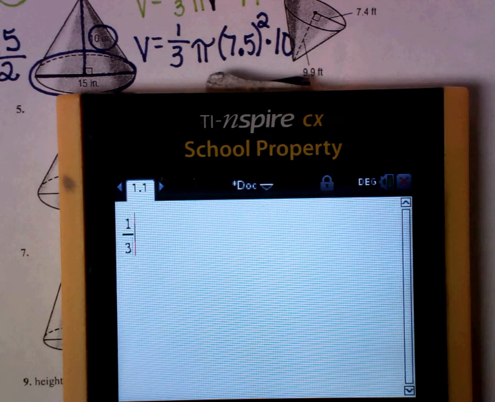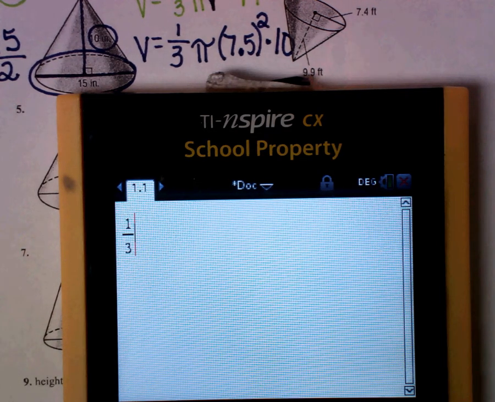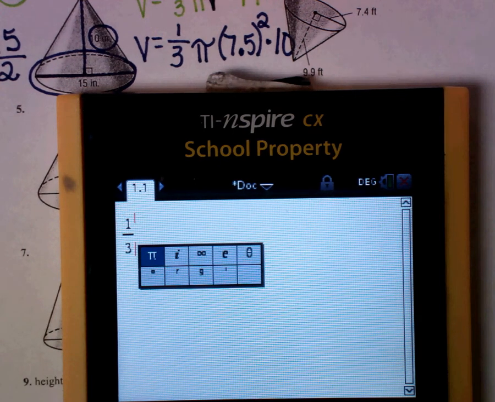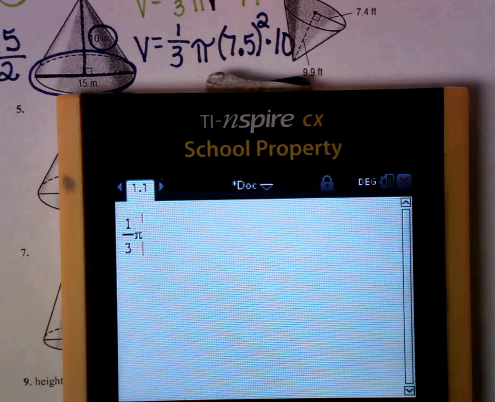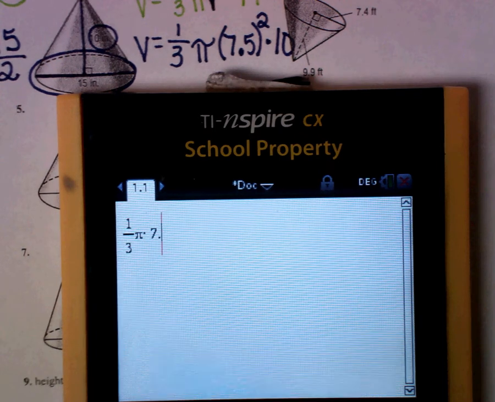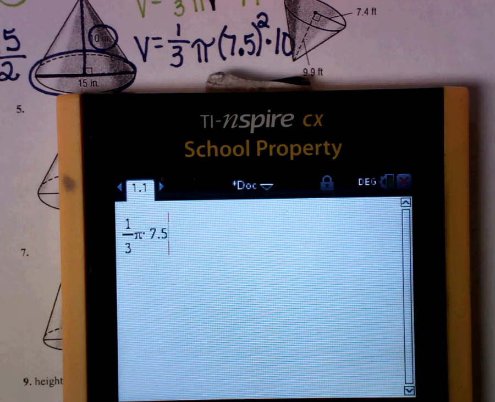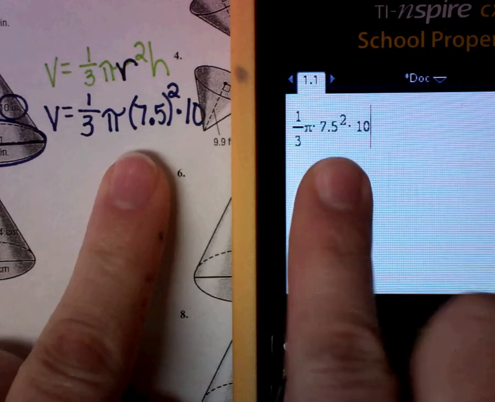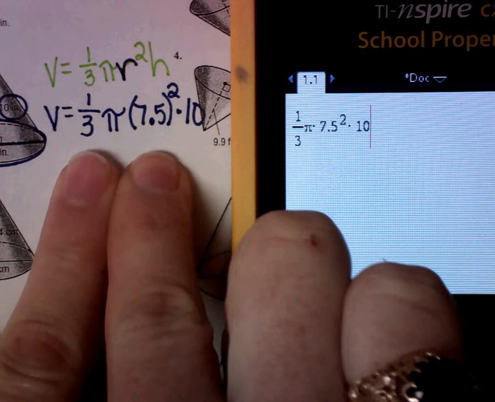I'm going to use my arrow to arrow out. I'm going to use the pi button. And then I need to do times 7.5 squared, and then times 10. I want you to see how it looks on my calculator is exactly how it looks on my paper.